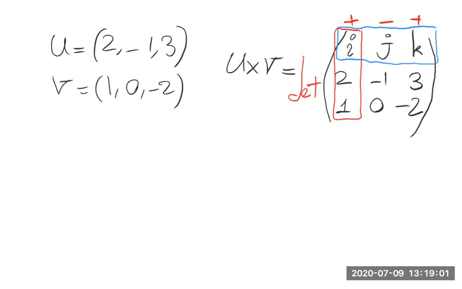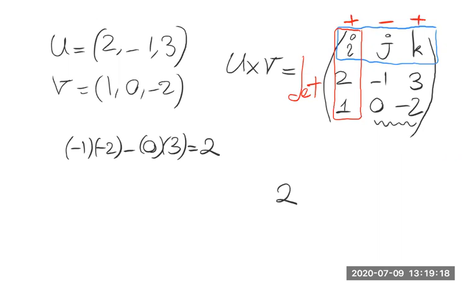Okay, I should compute the determinant of the remaining part. The determinant of the remaining part is -1 times -2, minus 3 times 0. The answer is 2. Then I should multiply 2 by the number here in the intersection. What is the number in the intersection? It's i. Just write 2i.